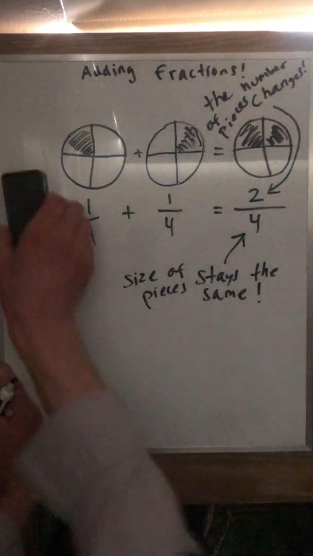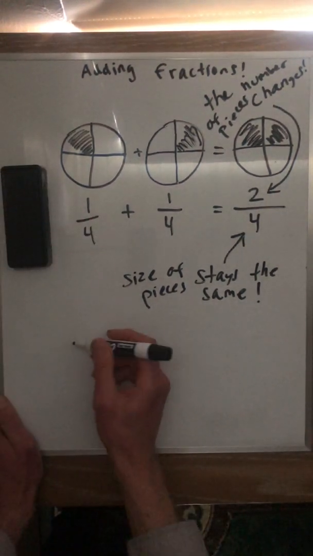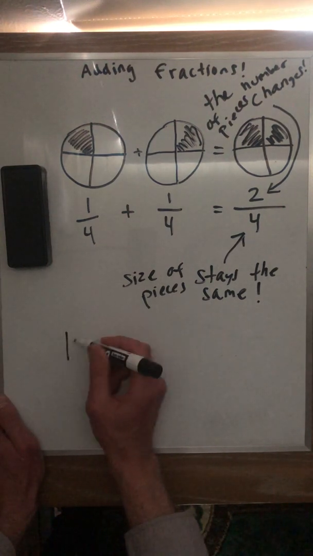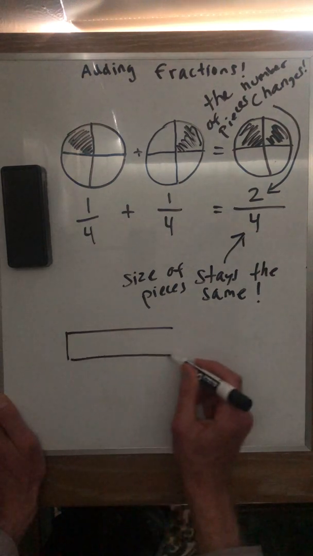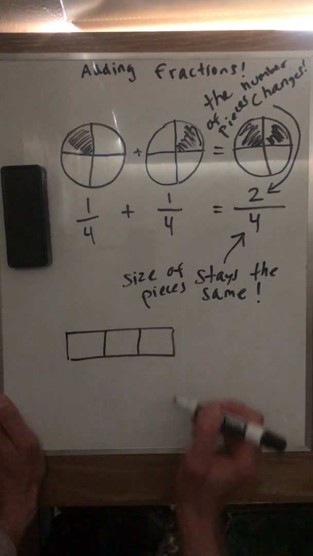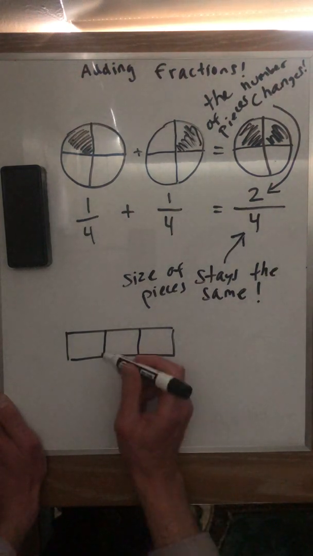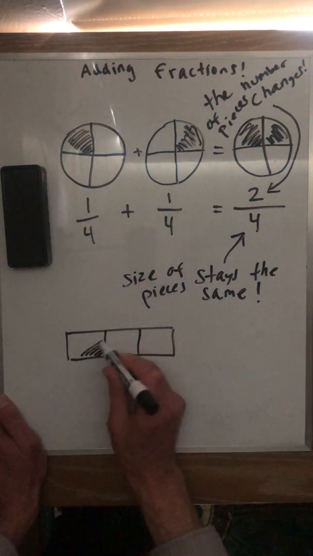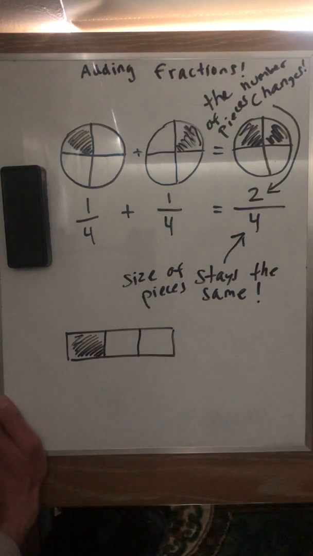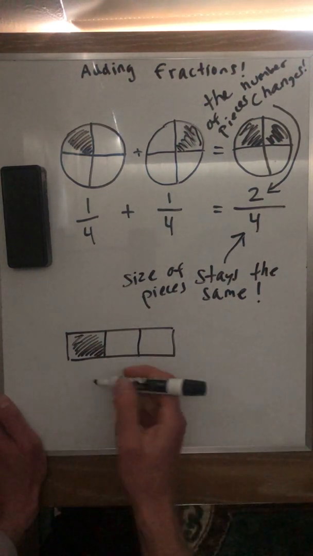Let's try another one with thirds. So let's say I've got this rectangle and I've got 1/3 of something. Say it's like I've got this funny rectangle and it's filled up with 1/3 of sand.